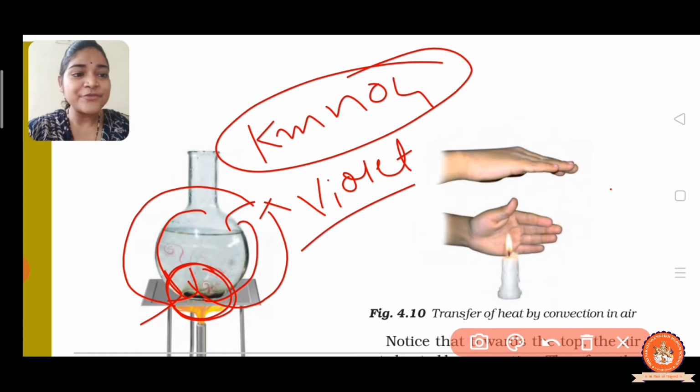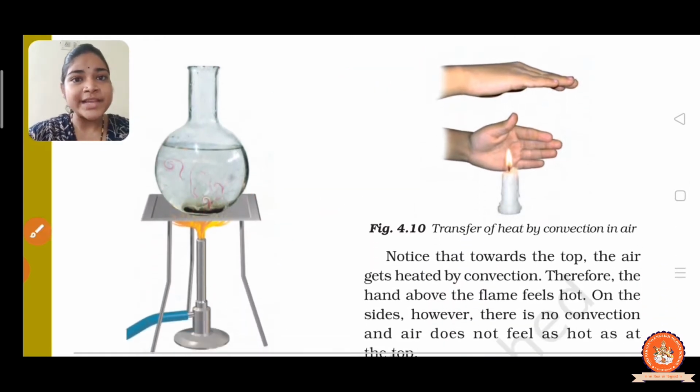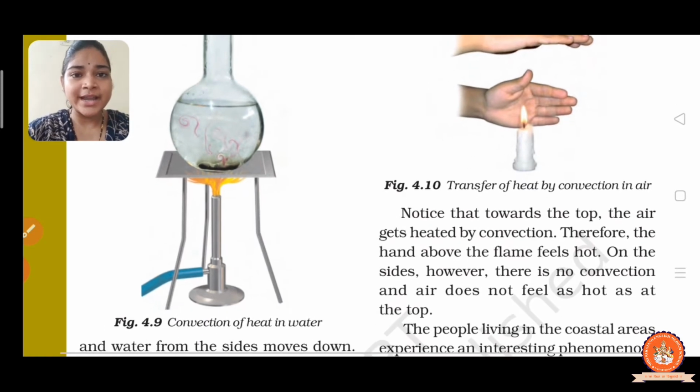Now let us see one more activity for heat transfer by the convection method, in air. In activity 4.9, we saw heat transfer through the convection method in water, in liquid, and activity 4.10 is heat transfer through the convection method in air.